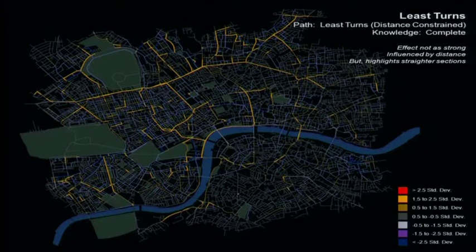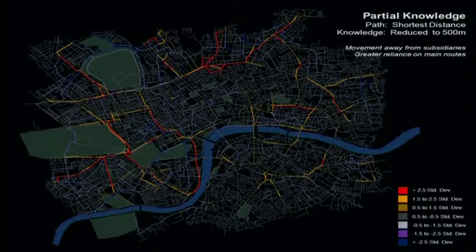So what we're trying to do is get a really good understanding of how people behave in this sense, in this case how they route around. The other thing I'm looking at is spatial knowledge, how much they might know of an area. This is what happens in comparison to the base case, the original shortest distance routes.